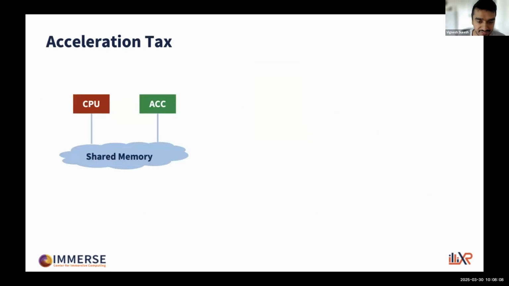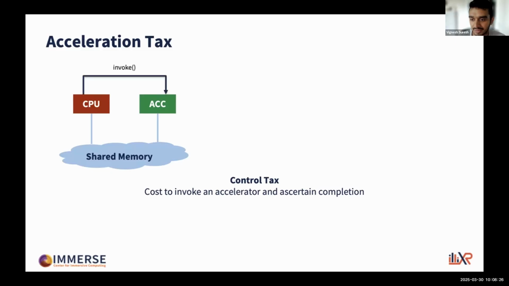So what are these acceleration taxes that I talked about? Consider a heterogeneous system with a CPU and an accelerator, and both are integrated in shared memory. In our work, we study two taxes. So control tax is the cost paid by the application to invoke an accelerator and to ascertain that it's done or completed.